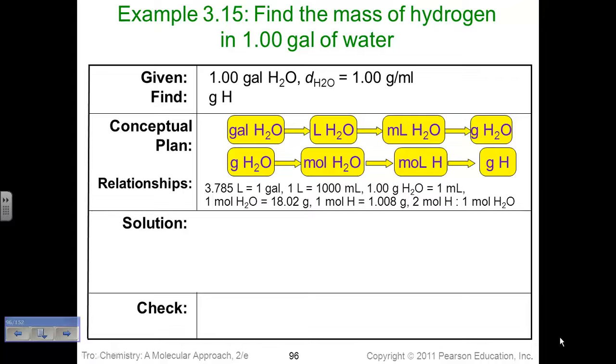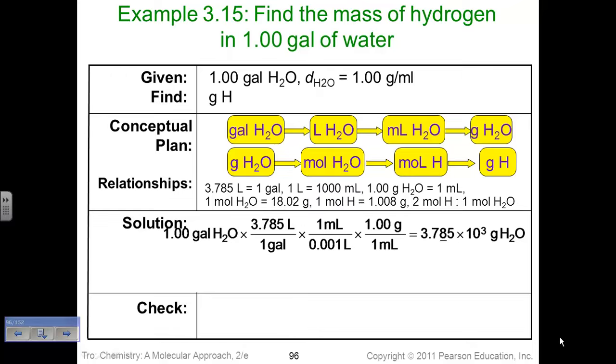So 3.785 liters, slide the decimal 3 spots to the right, is 3,785 milliliters. And now that I know the density of water is 1, 3,785 milliliters is exactly the same number of grams. Now I'm ready to go. Grams to mL and onto the mole.